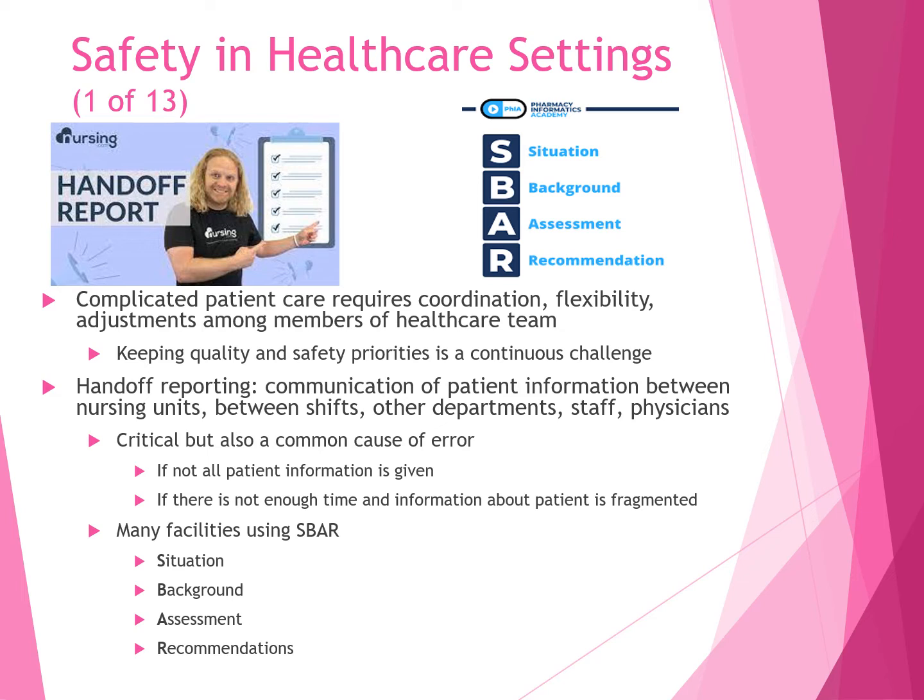Complicated patient care requires coordination, flexibility, adjustments among the members of the health care team. You've got to be able to do this handoff report as detailed as possible with all who are involved in the care. Critical care, but also a common cause of error if not all the patient information is given, if there's not enough time, and if you don't use the right type of handoff report.